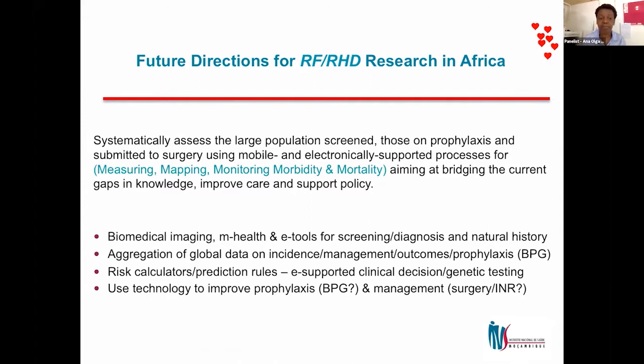And I've listed biomedical imaging, use of mobile health, electronic databases and screening tools, aggregation of global data on incident management of outcomes and prophylaxis for penicillin, risk calculators using artificial intelligence, risk calculators and prediction rules, as well as the use of technology to improve prophylaxis, which is a problem, and management, like surgery and anticoagulation.